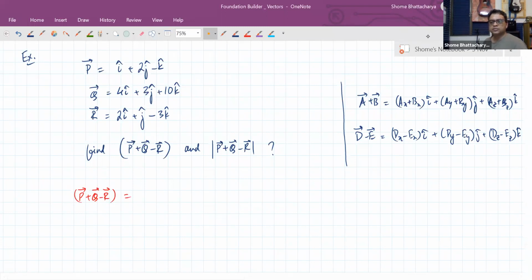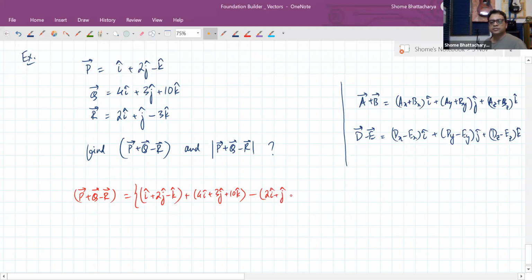I'll just express each of the vectors in component form. Minus k cap, plus the vector Q, which is 4i plus 3j cap plus 10k cap, minus the vector R, which is 2i cap plus j cap minus 3k cap.